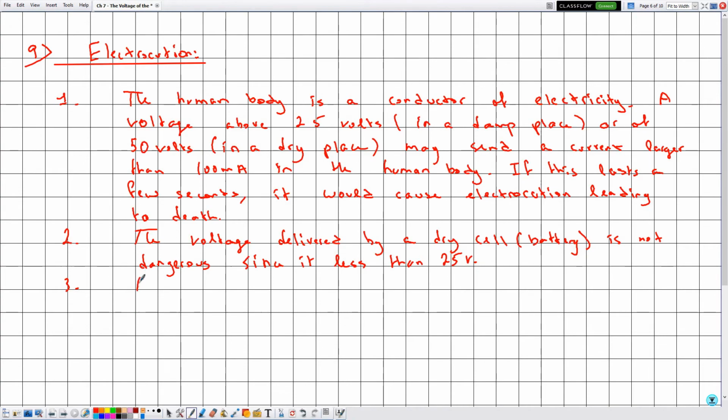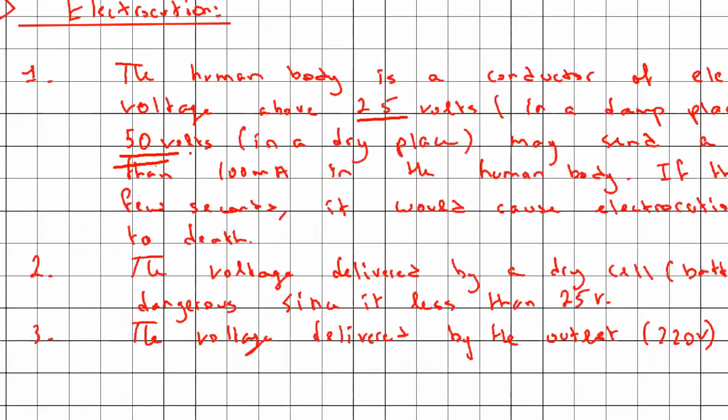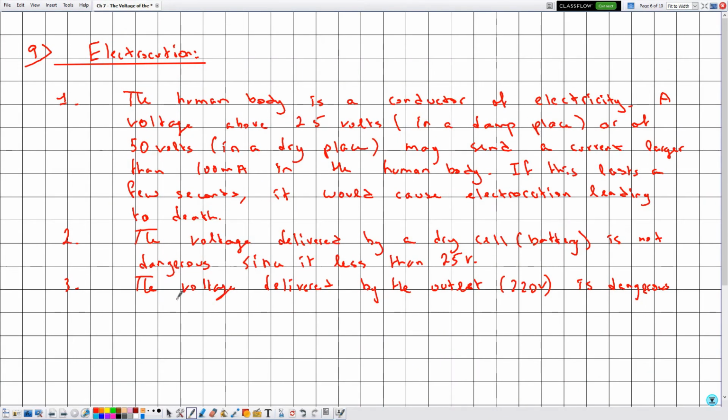And let me write here the voltage delivered by the outlet of the mains, which is given by 220 volts of an effective voltage, is dangerous since it is greater than 50 volts.